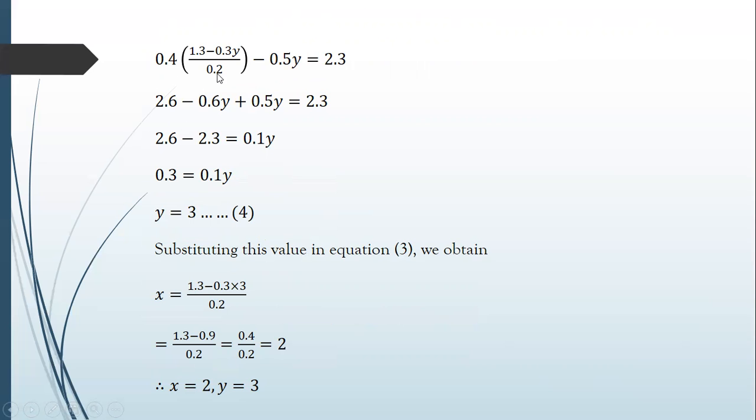Then we will take the LCM throughout. We'll solve it to get y is equal to 3. Substituting this value in equation 3, we obtain x, substituting the value of y to be 3 over here. So solving, we get x to be 2. So x is 2, y is 3 is the solution.